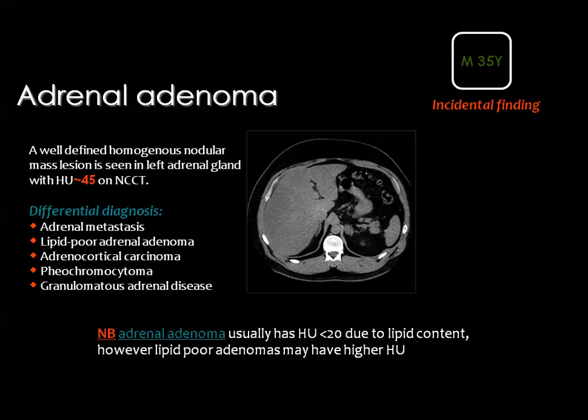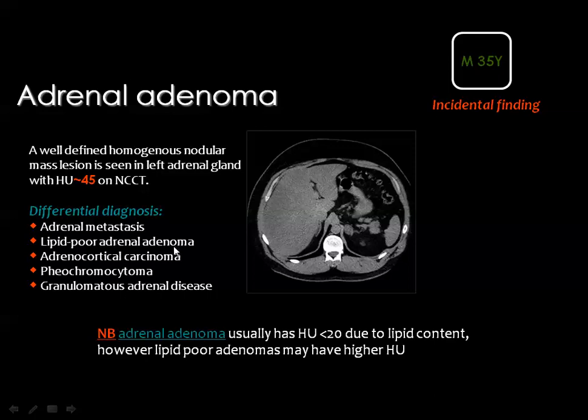Then the adrenal adenoma is a well-defined lesion in the suprarenal gland. If the density is around 0, minus 10, plus 10, you may think of lipid-rich adenoma. But if the density is higher in the pre-contrast scan, lipid poor, and the other suprarenal masses are included in the differential diagnosis. You can include metastasis, carcinoma, pheochromocytoma, granulomatous disease, as well as lipid poor adenoma.